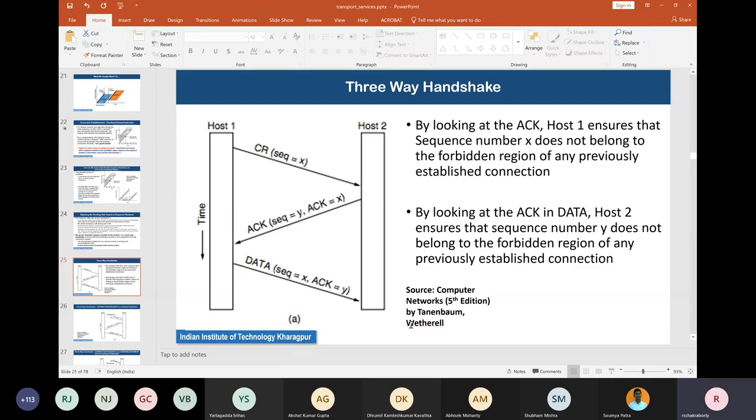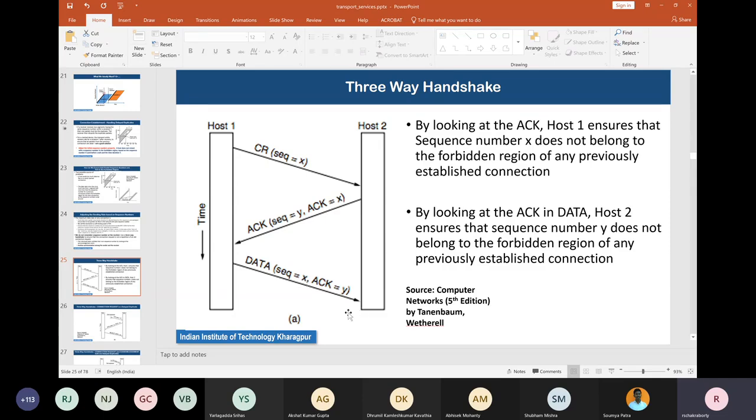The state of the connection has changed because host 2 has already received the first data packet with sequence number X. So next, it sends out its first data packet with its own starting sequence number Y. Its sequence number field will have Y, but its ACK field will have X plus 1, because the data from host 1 that had X has already arrived.